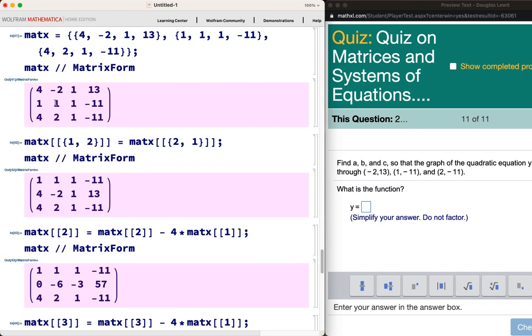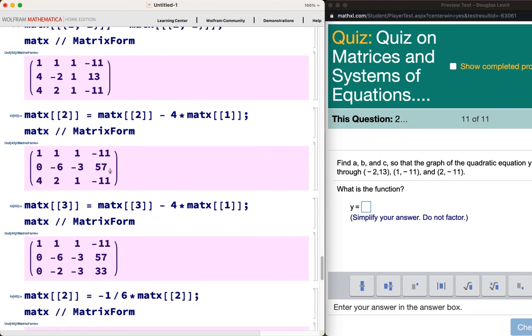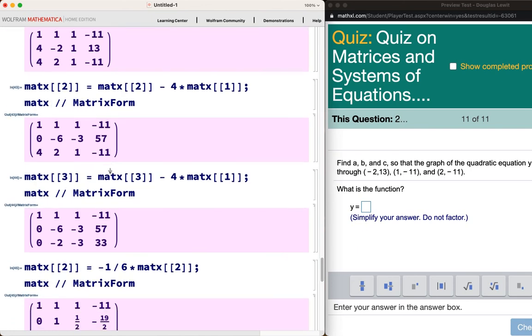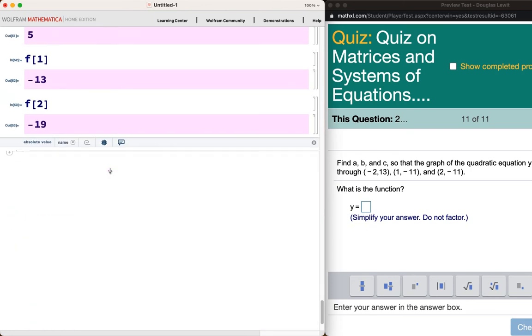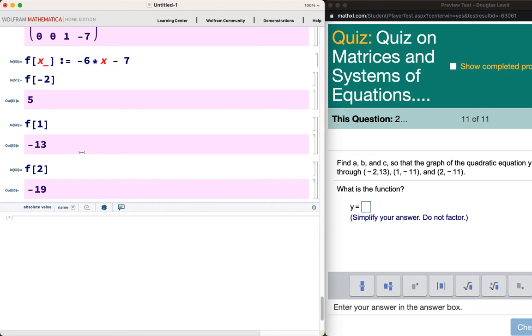We have 1 squared, 1, 1, -11. 2 squared is 4, and then we have 2, 1, -11. This actually should be okay. Very strange. Let me see what these points look like.